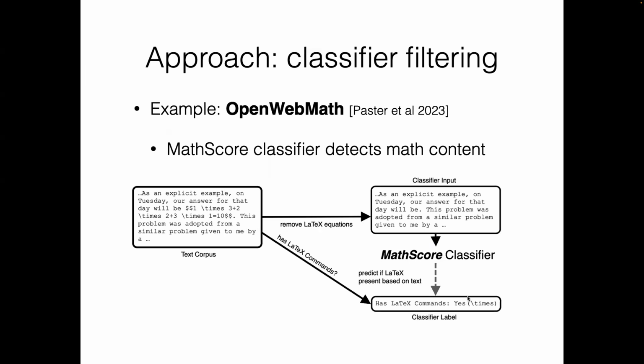The trick is that now this classifier could be used on a page that's about math but doesn't have any LaTeX. The classifier would give you some score that it's still likely to be a mathematical page.